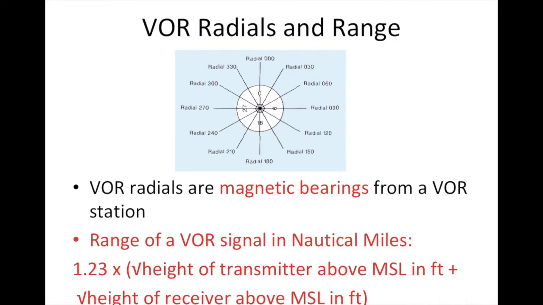So the simple formula is: first calculate the square root of the height of the transmitter above mean sea level in feet. So you get a value. Calculate the square root of the height of the receiver, which is your plane, above mean sea level in feet. Add these two values up, and multiply the sum by 1.23. That gives you the range of that VOR station.